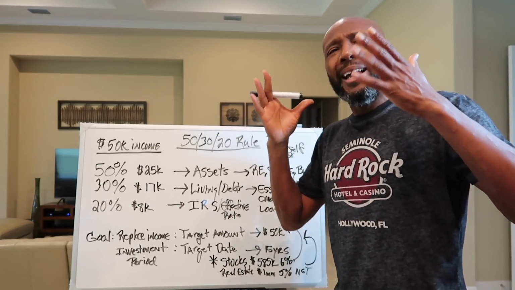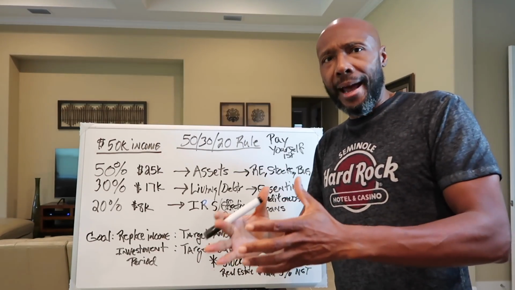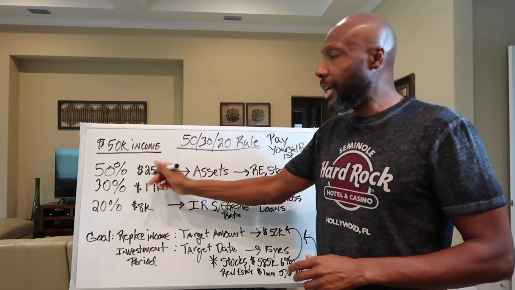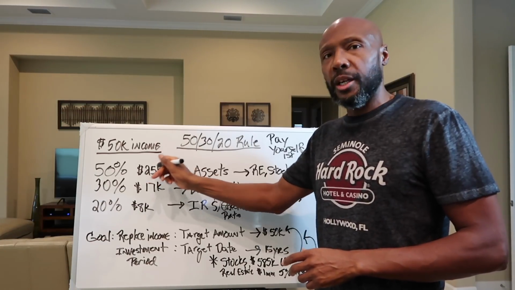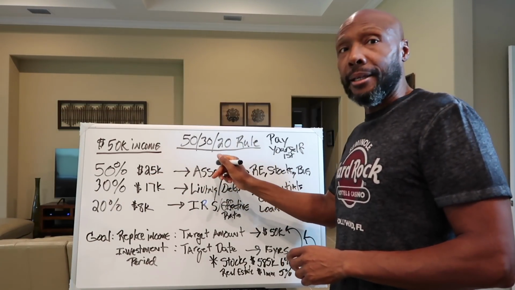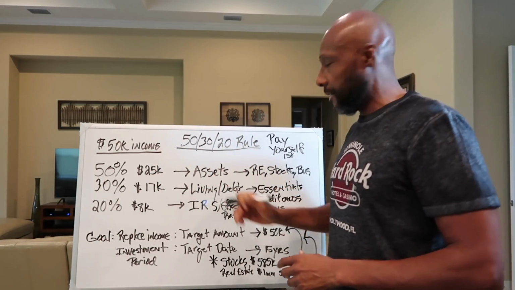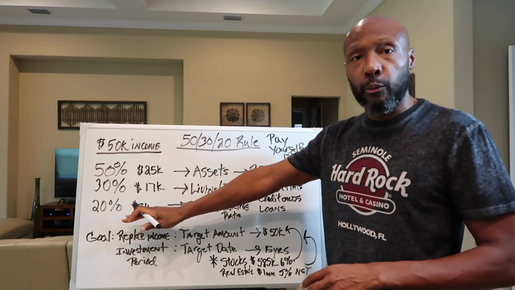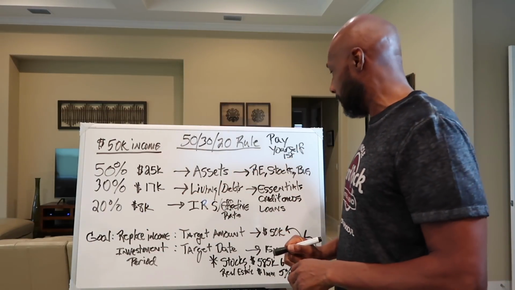Once you have taken care of all of that, then you can concentrate this 25K back on buying and investing in assets. And then again, the last one, like we talked about, you've got to pay the IRS.